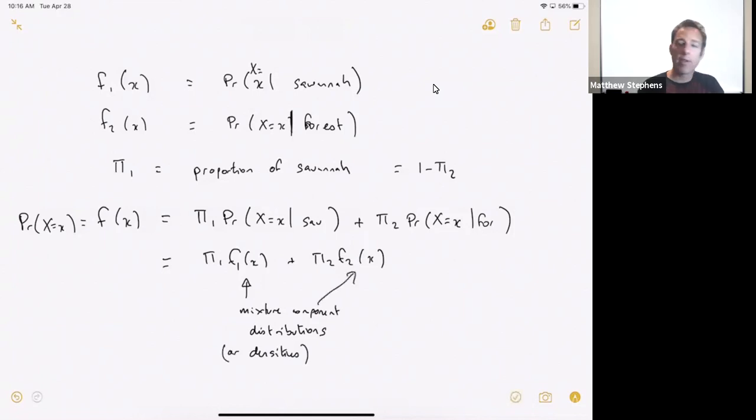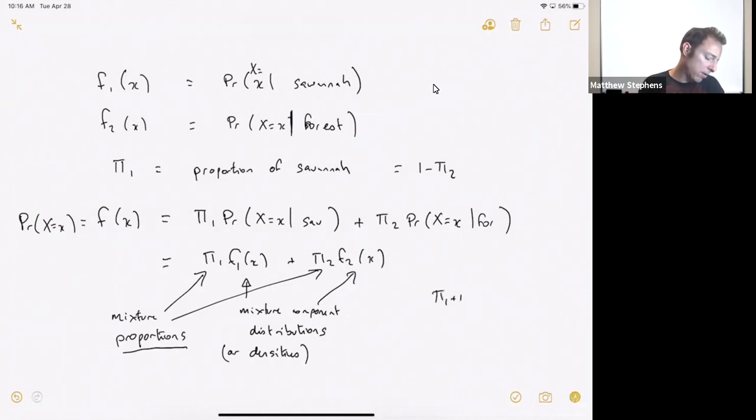So those are the f's, called the component densities, and the pi's are called the mixture proportions. Of course the pi's have to be non-negative and sum to 1: pi1 plus pi2 equals 1. This is an example of a mixture model.